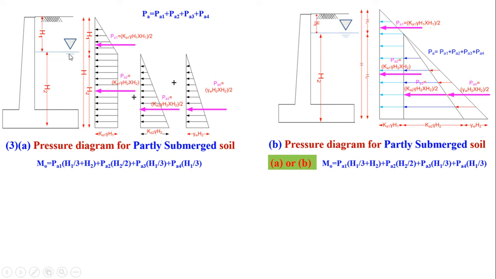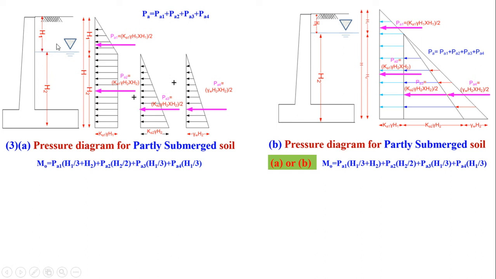Because of this situation, the gamma value for the soil is going to vary: for the upper layer the gamma value is different, and for the bottom layer the value of gamma is different, because it is going to be affected by water pressure.